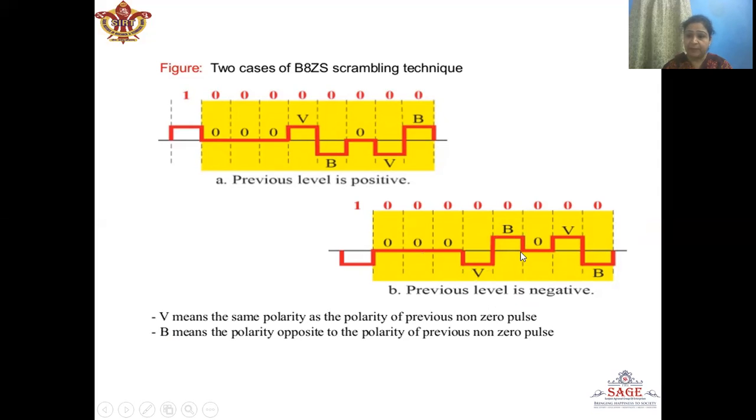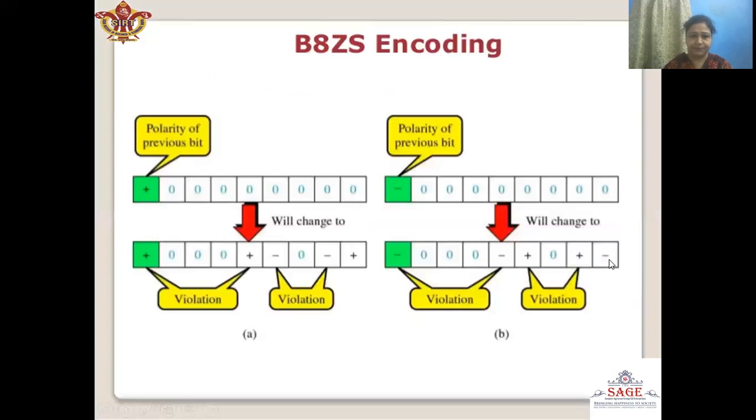B will be the bipolar alternation, so it will be opposite of the negative voltage, which will be positive voltage. Then 0 by 0 voltage level. Then again violation. Since the previous was positive voltage level, the violation bit will also be positive voltage level. And then we have bipolar alternation, which will be opposite to the previous voltage level, so it will now be negative voltage level.